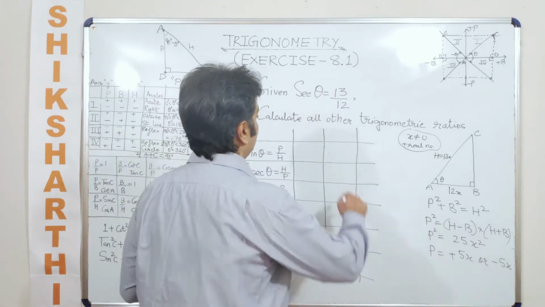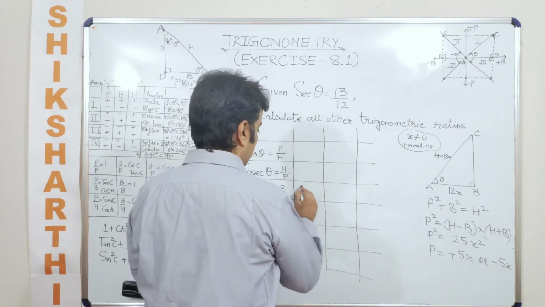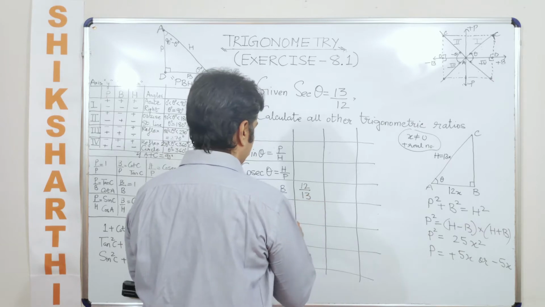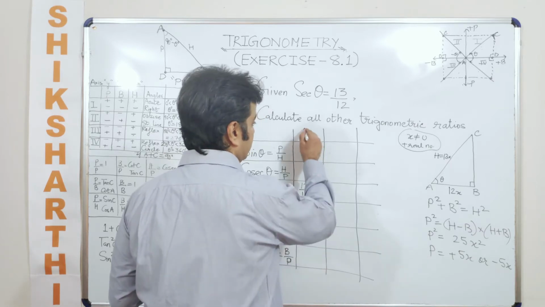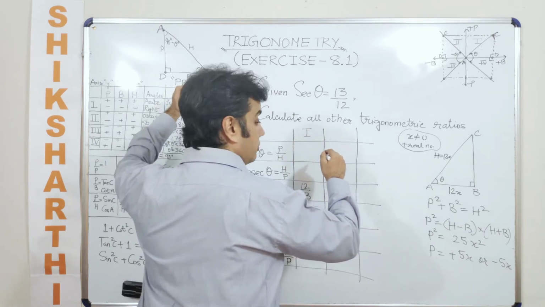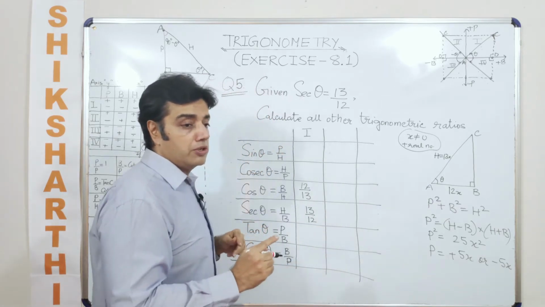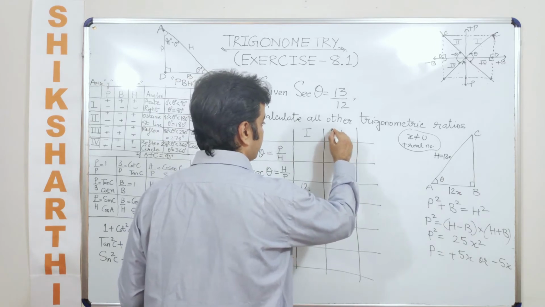This is just like saying, you already know cos theta, which is 12 by 13, and sec theta is given to you as 13 by 12. So we are basically talking about the first quadrant, and we know that in the first quadrant all the trigonometric ratios are positive, and in the fourth quadrant it is only cos and sec which are positive. The remaining would be negative, right?